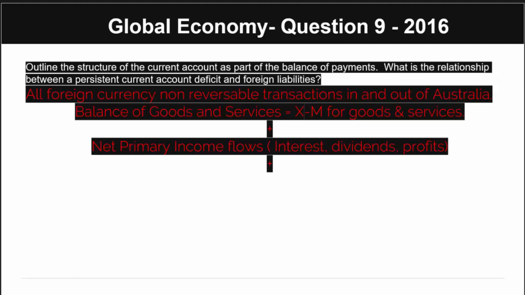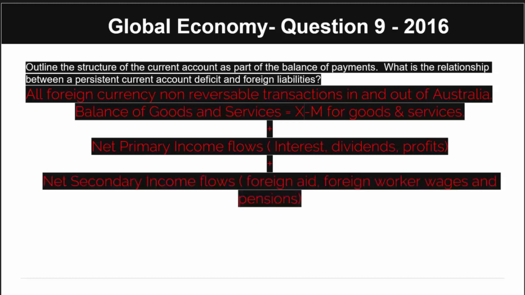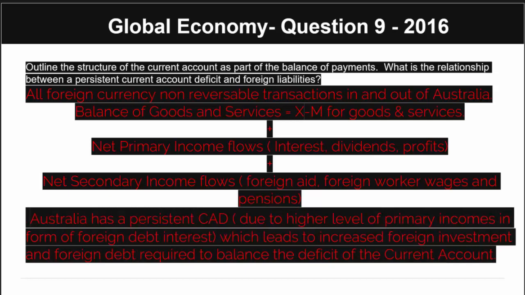I'm going to straight away tell you that the interest payments on our foreign debt is what causes us to have a big current account deficit every year, and that is the answer to the second part of the question that's been asked. The other part of our current account is secondary income flows, things like foreign aid, foreign worker wages and pensions.